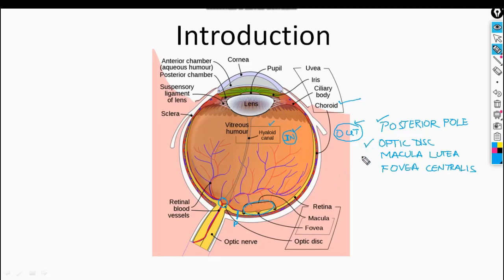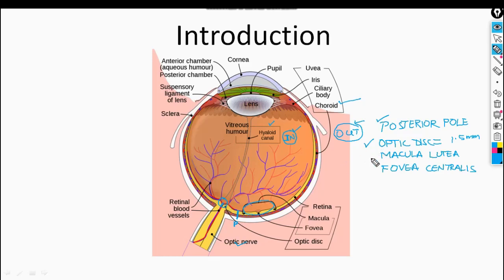Now next is the optic disc. This is the exit point of the optic nerve. Clear? And it is about 1.5 mm in diameter. Here in this optic disc we can see a depression.